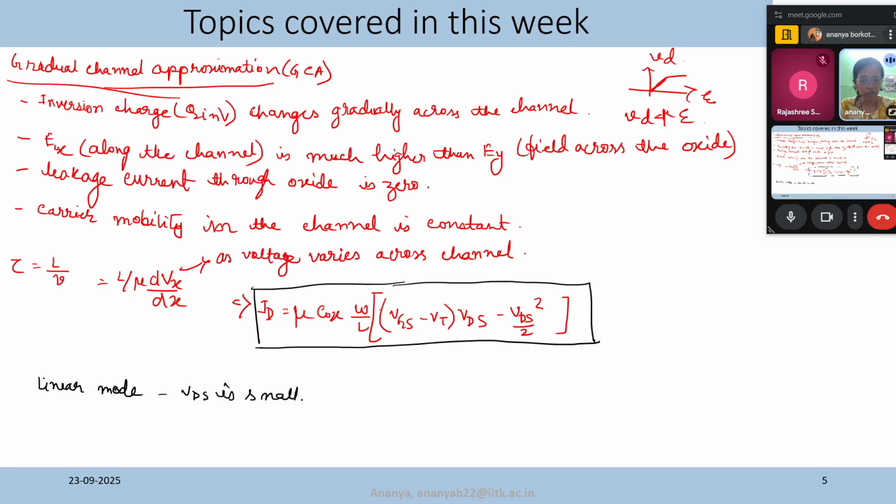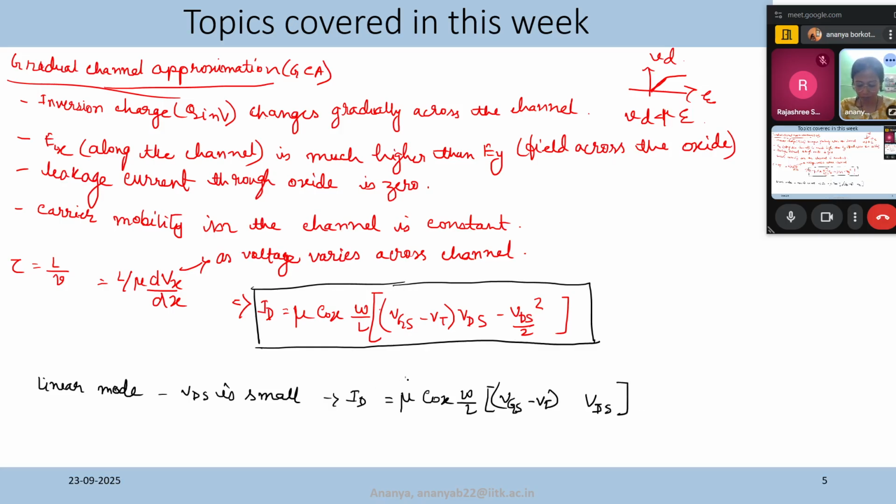If VDS is small, say 50 millivolt, 50 into 10 to the power minus 3, the square of that will be even smaller. So we can actually neglect this portion. So our ID becomes the expression that we got earlier: mu Cox W by L into VGS minus VT into VDS.